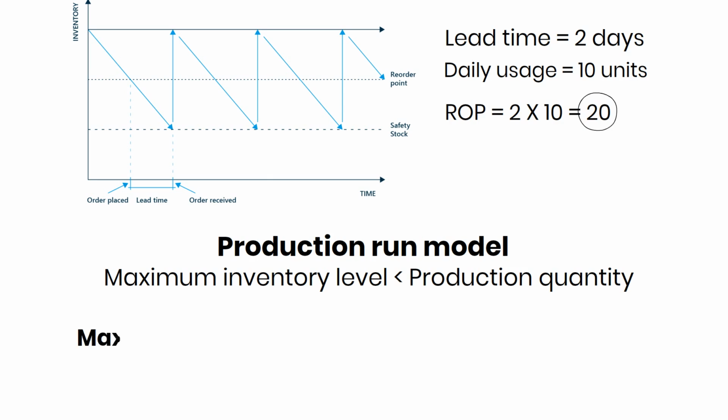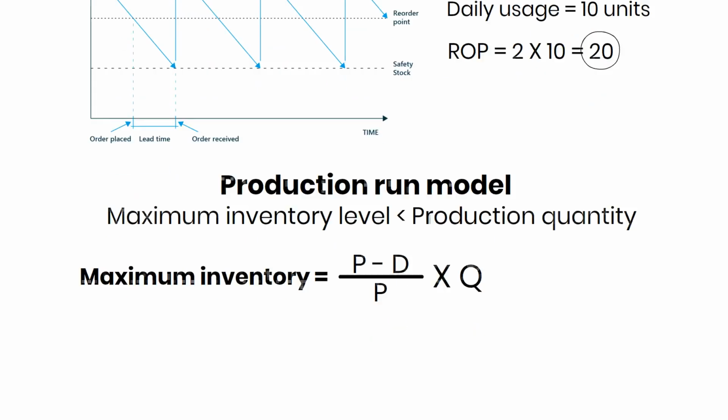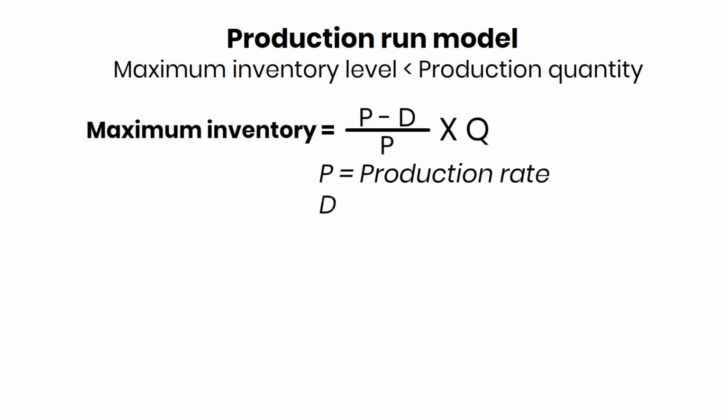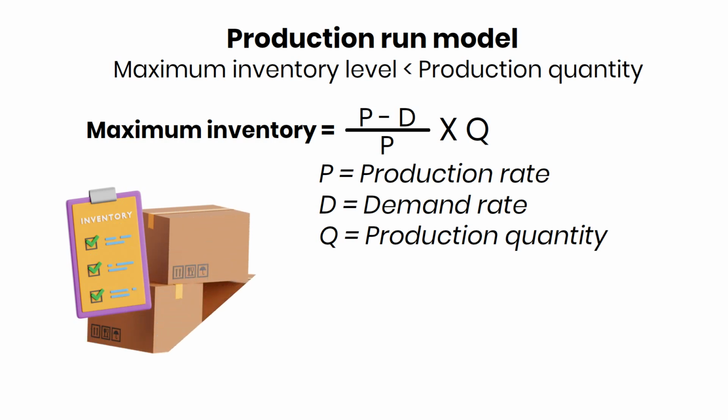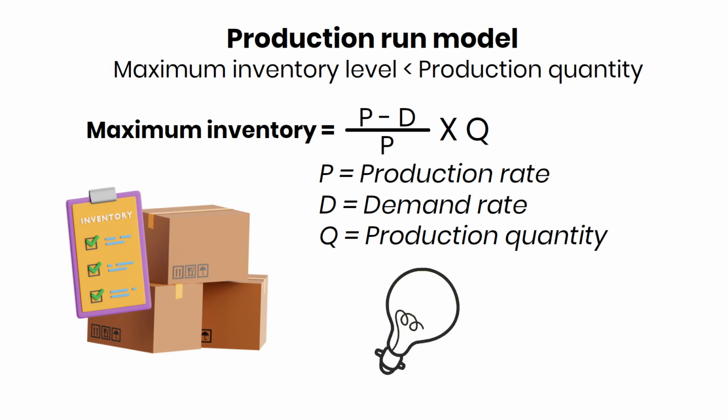The formula for the maximum inventory level in a production run model is maximum inventory equals (P minus D) over P times Q, where P is the production rate, D is the demand rate, and Q is the production quantity. The inventory position is defined as the total of the on-hand inventory plus the on-order inventory. This measure helps businesses keep track of their overall inventory status and make informed decisions about when to place new orders.